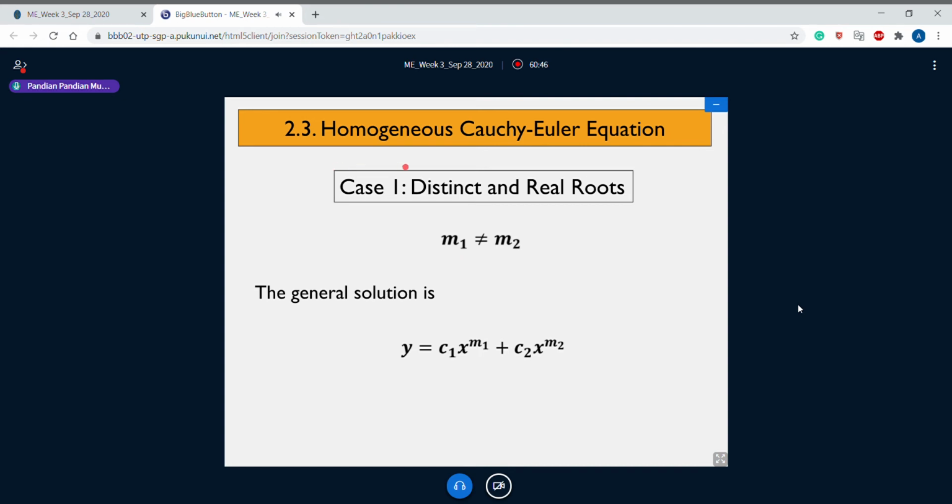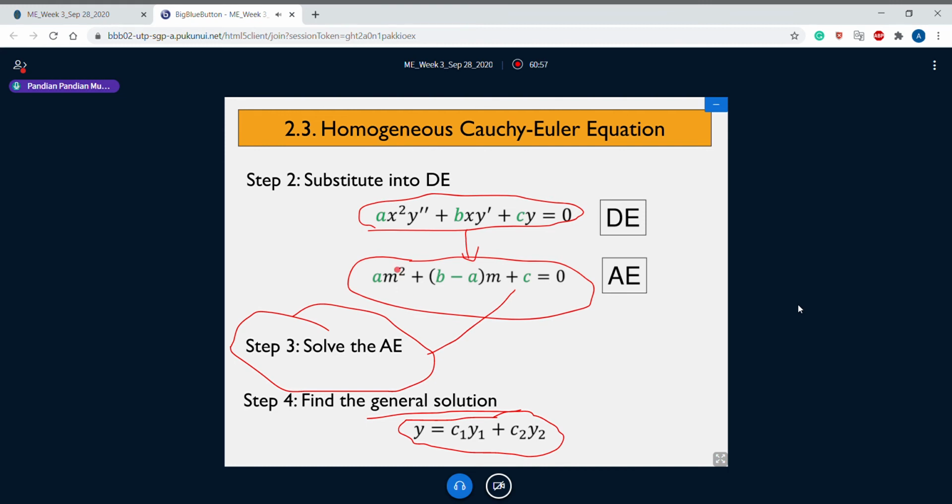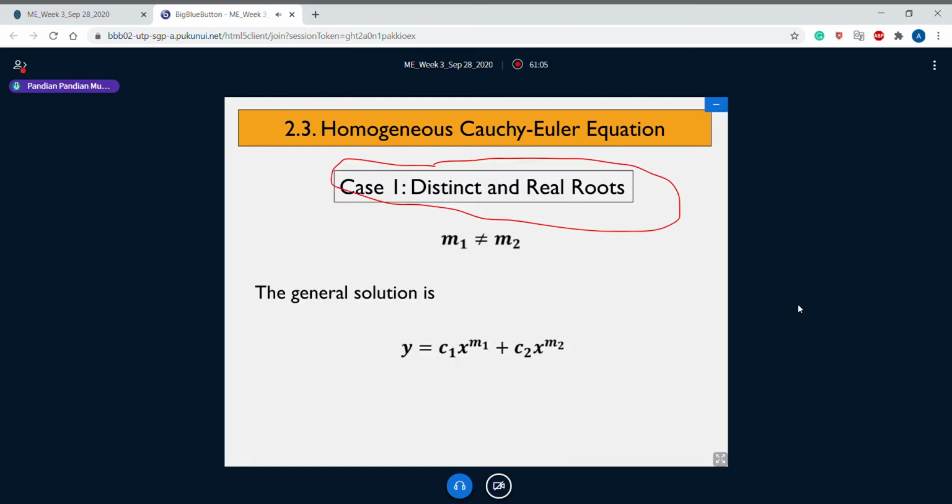Again, since this is homogeneous, you have case 1, case 2, case 3, because your equation is a quadratic equation. When you solve am squared plus (b minus a)m plus c equals 0, you will have two roots, but 3 cases. So case 1, your m1 does not equal m2.